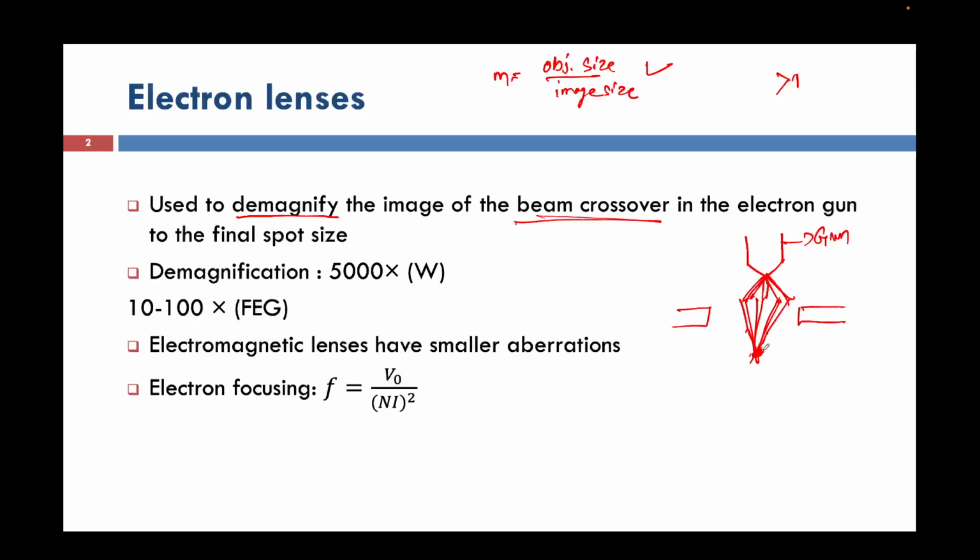Let's say I am taking any random value, let's say this is d1. D1 is the diameter of my tip, the tungsten tip, or LaB6, or cold FEG tip. This will have a certain diameter.